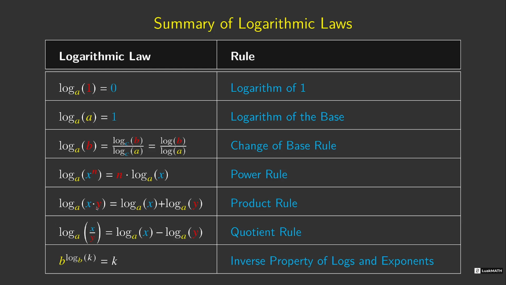For the product rule, if you have a number that has the factors x and y, you can just take the log of each factor separately and then add them up. Or if you have a quotient, you can subtract the logs like this. And then, of course, the special property where logs and exponentiation undo each other.